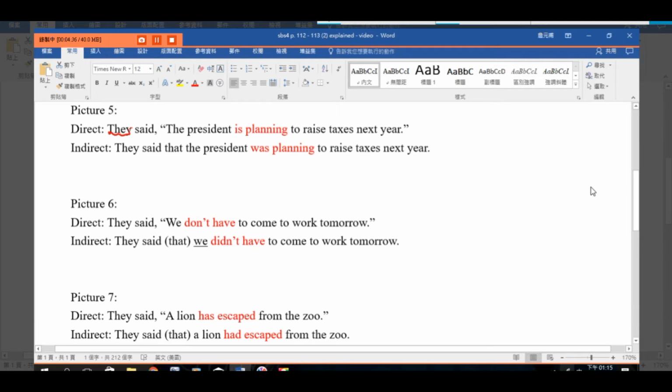They refers to the three protesters standing in front of the White House with signs. And there's a dialogue bubble above them, says the president is planning to raise taxes next year. That's a direct speech sentence. Now a sentence written in the present continuous tense, as you can see, present continuous tense with the future meaning. Now present continuous tense is be verb with V-I-N-G.